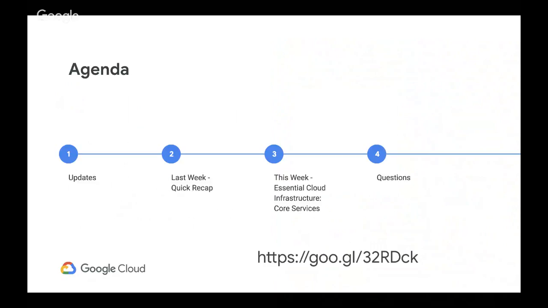As well as what you should be expecting and completing this week, being the Essential Cloud Infrastructure Core Services Coursera module. At the end, in common format, we'll be running through a Q&A and questions component.